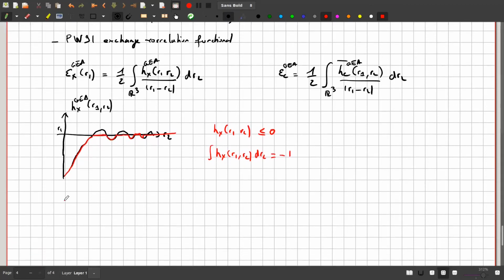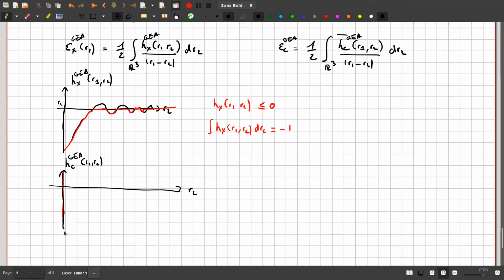So for the correlation part, if you plot the correlation GEA hole, you will see that it is also quite unphysical because again, you have this oscillation at very long range. Here we don't have the negativity condition, but we still have the condition that the correlation hole must integrate to 0.